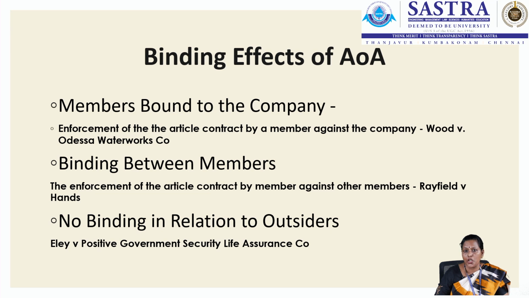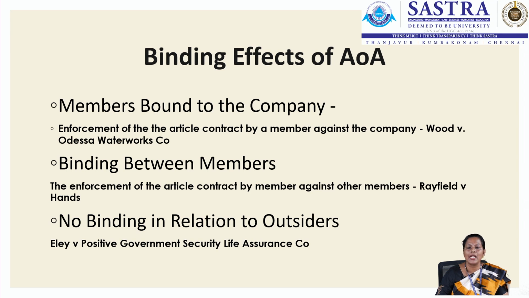But if you look at the judgment, it was in favor of the company, because the court felt that though it is mentioned in the articles of association, this does not bind the company with the outsider, because the solicitor is an outsider, not a member of the company.